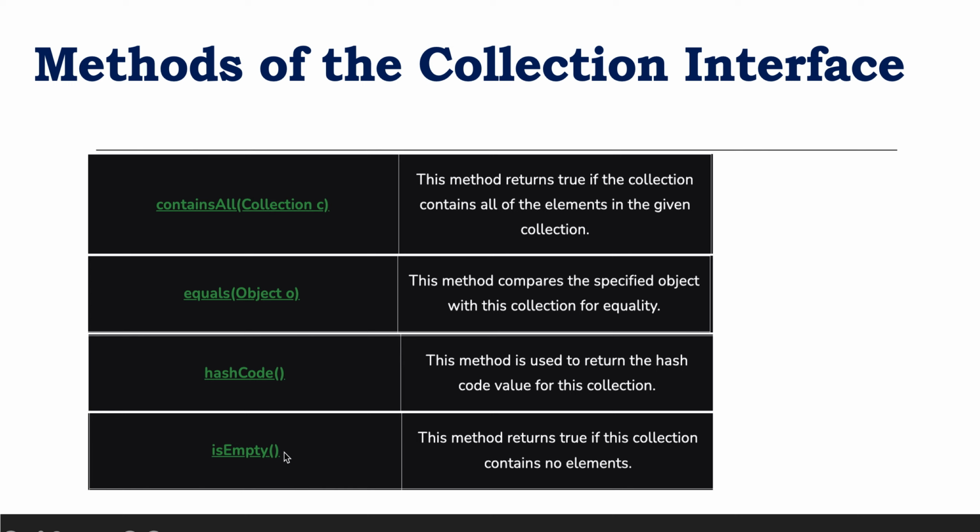The return type of this method is boolean. It returns true if the collection contains no element, so it is useful to check whether the collection contains any element or not. If it does not contain any element, it returns true, otherwise it returns false.